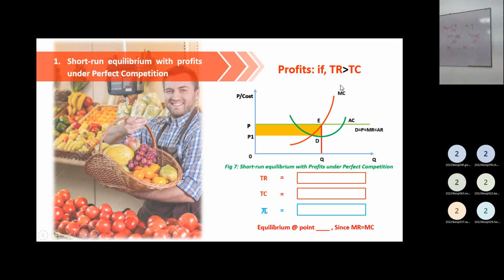At point E. Here you can see that this is your marginal revenue curve and this is your marginal cost curve. Both meet at point E. So this is the equilibrium point, MR equals MC. If you go down, you can see that this is the output that the company wants to produce to maximize its profits.